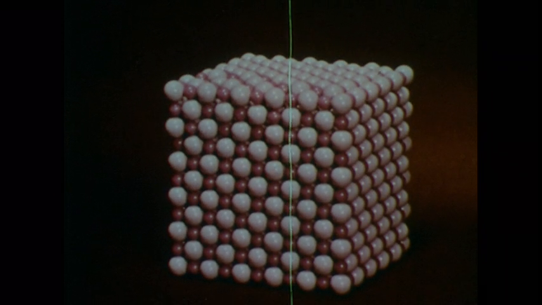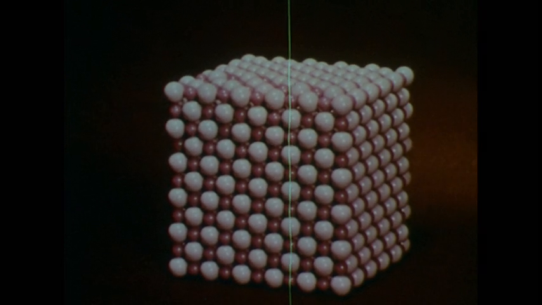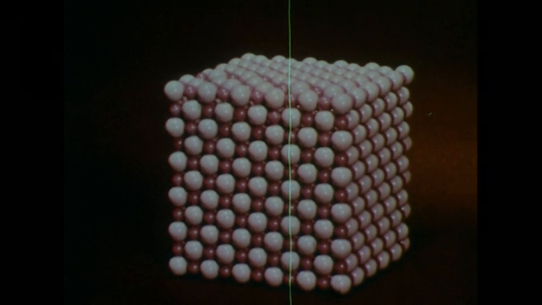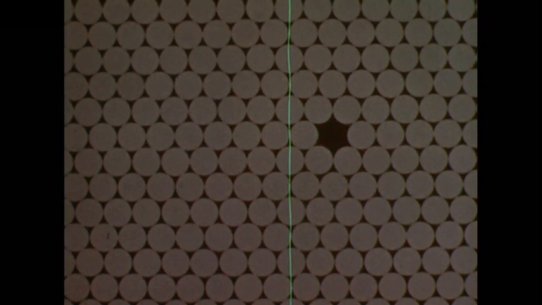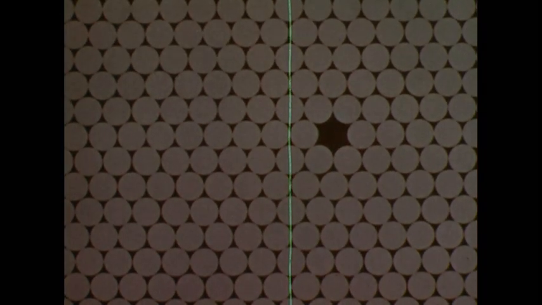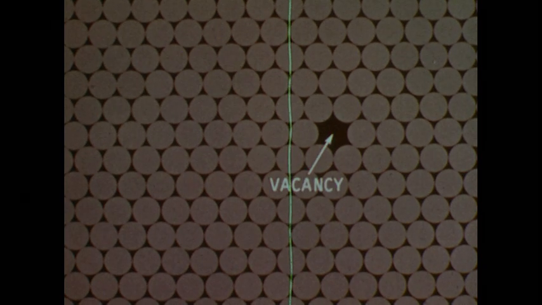Although the models we've been using show a perfect array with every atom in its proper position, we know that real crystals are not quite as perfect as this. Small defects occur here and there in the arrangement of the atoms. In the regular accumulation of atoms, one may be left out, creating a vacancy.